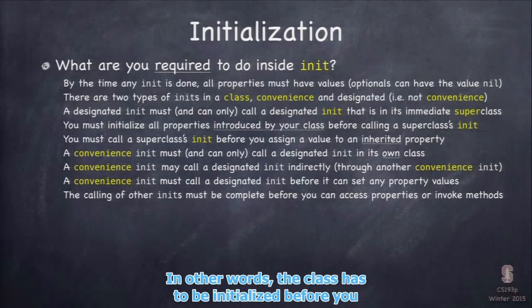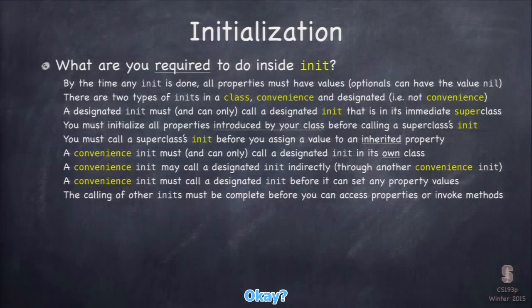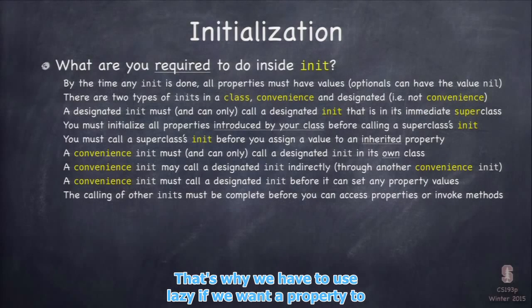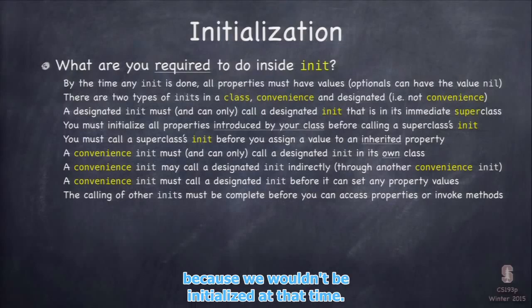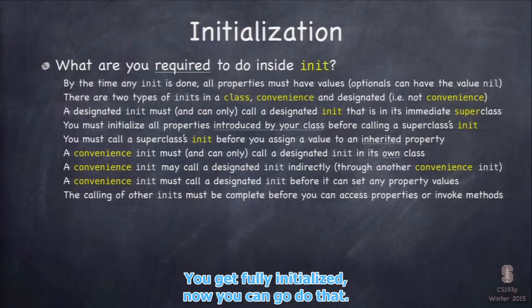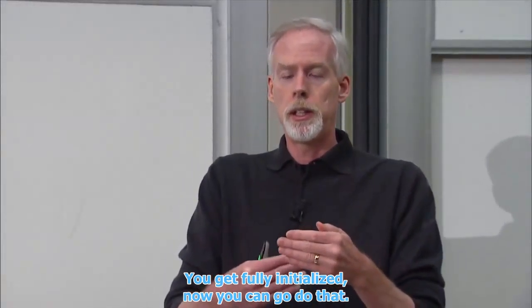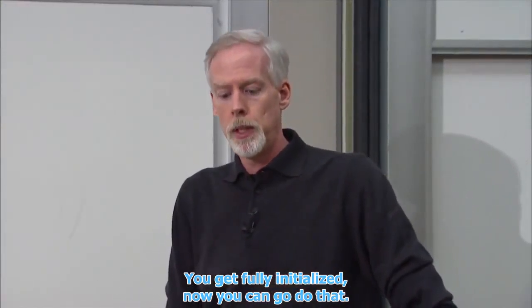In other words, the class has to be initialized before you can start calling methods and properties. That's why we have to use lazy if we want a property to set its value by calling a method, because we can't do it non-lazily because we wouldn't be initialized at that time. We'd still be in the process of initializing. It's kind of a 2-phase initialization. You get fully initialized, now you can go do that. Okay, so these are the rules.